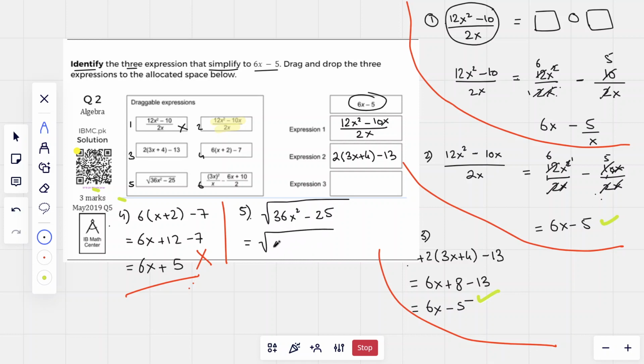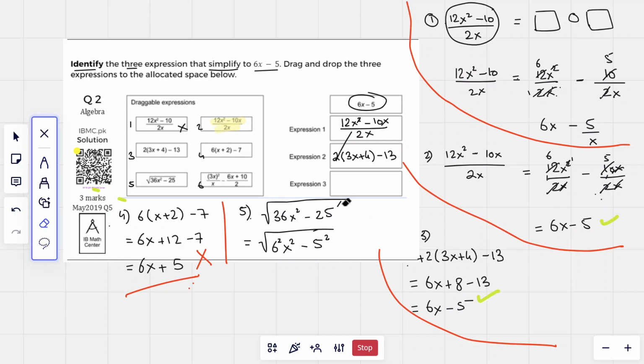This equals to, 36, we know, is the square of 6. We want to get a 6, right? Because that's one of the terms in the answer, 6x. So that's why I changed that 36 into 6 square. And then I'm going to change 25 into 5 square, because that too is one of the terms in the simplified expression.